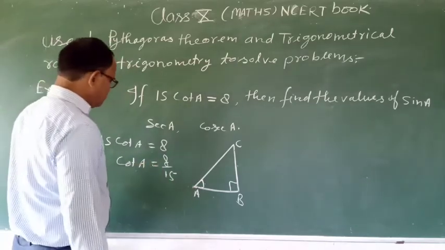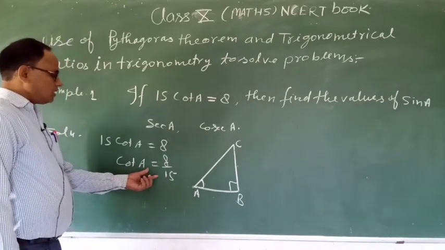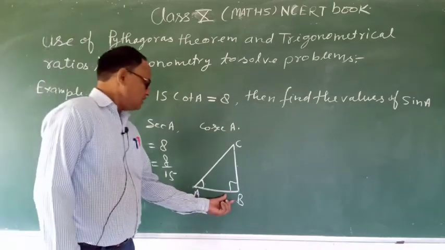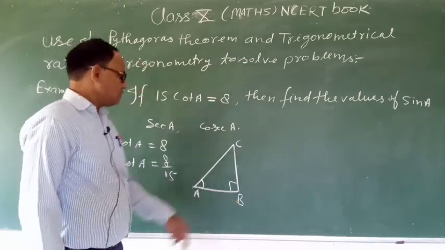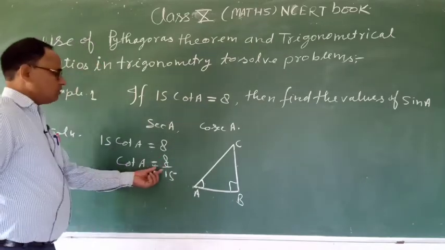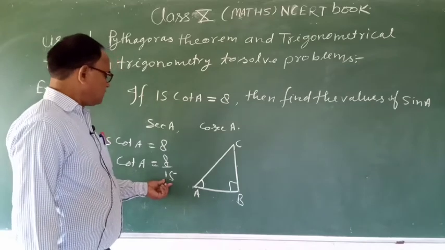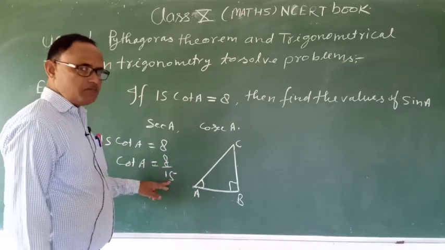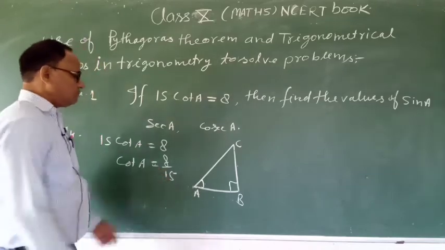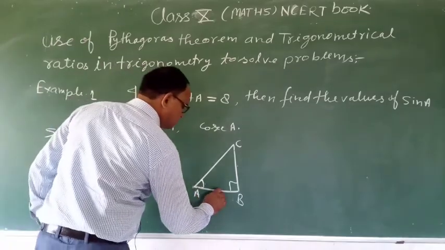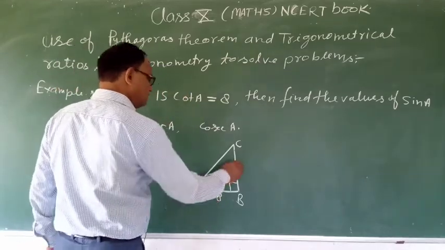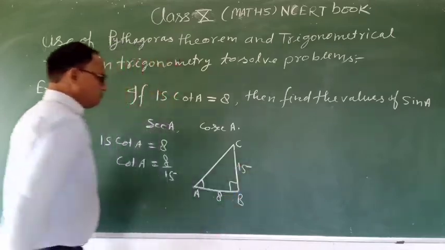Here cot A is equal to 8 by 15. The ratio of cot A is equal to AB base by perpendicular, which is the inverse of tan A. So 8 by 15, here base 8 and perpendicular line 15.